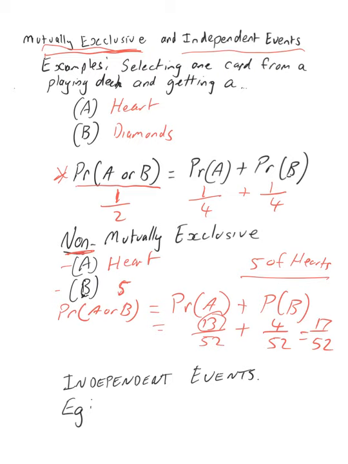So really, the probability of getting A or B is 13 out of 52 plus, now there's only 3 other 5s, so it's 3 out of 52, which equals 16 out of 52. So we can see that this does not work, okay, for non-mutually exclusive events.